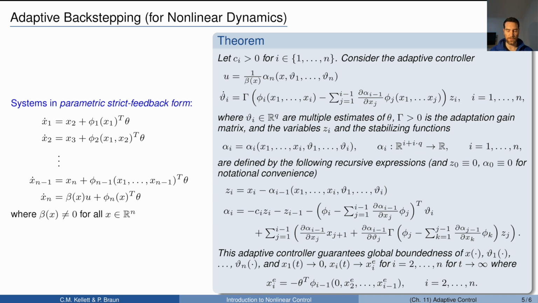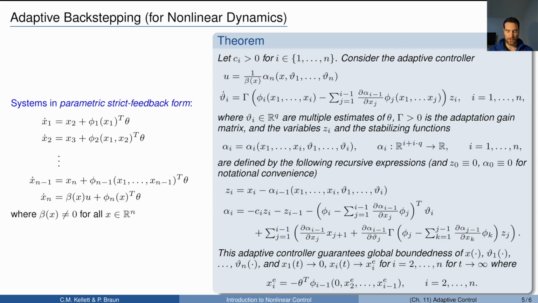The closed loop properties here are of the form that we can guarantee that the first component x1 converges to 0, while the other components converge to equilibria potentially unequal to 0, characterized through the unknown parameter theta and these functions phi i.